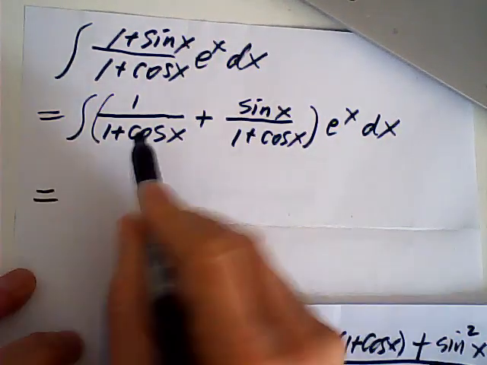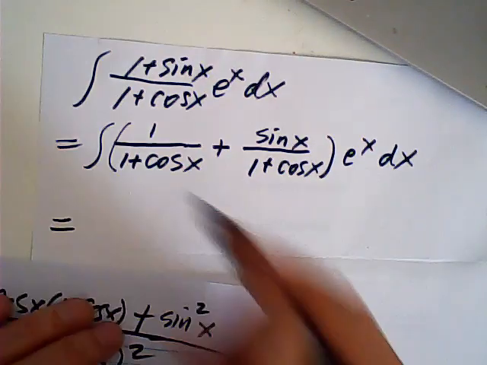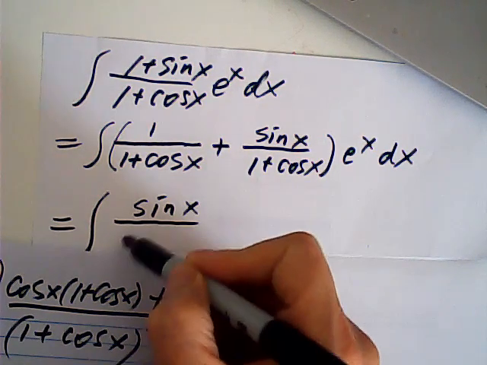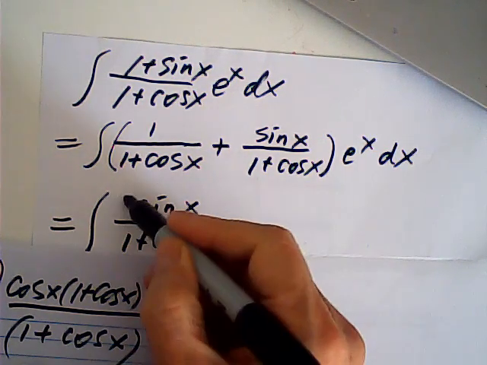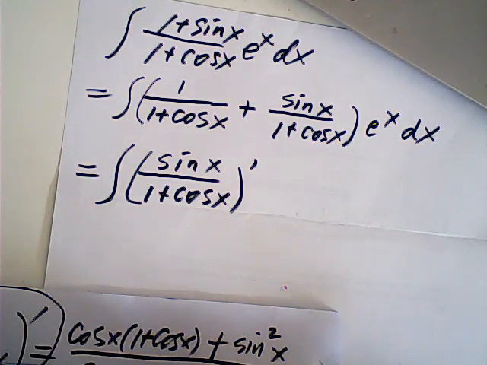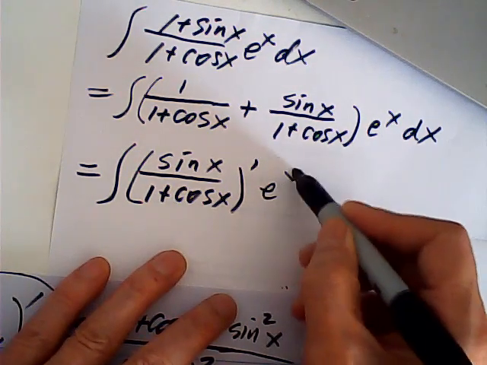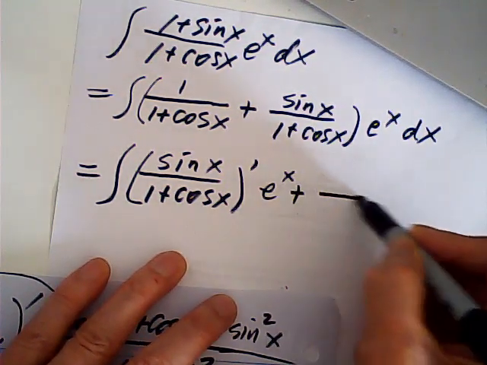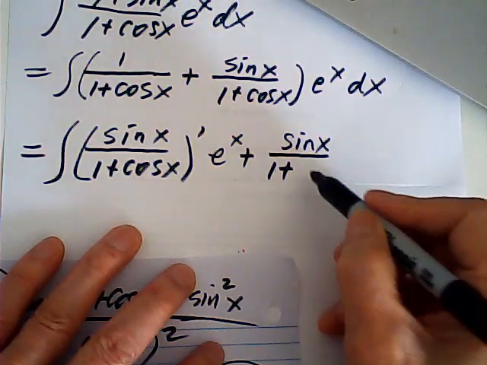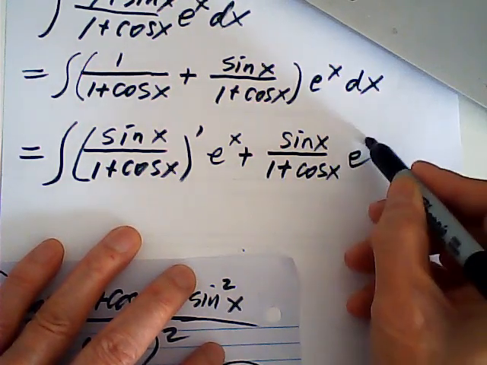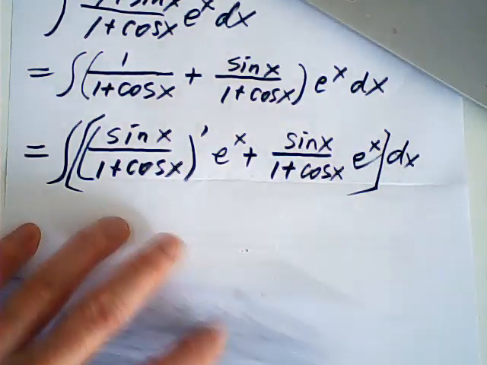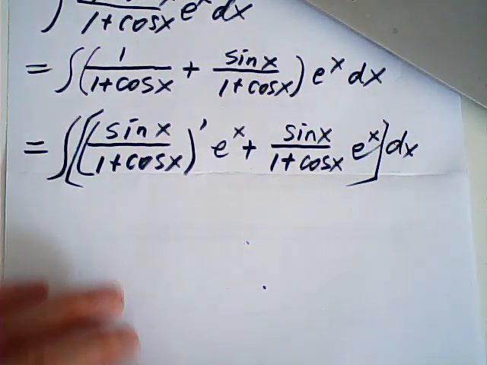Therefore, this is actually the derivative of sine x over 1 plus cosine x, multiplied by e to the x, plus sine x over 1 plus cosine x times e to the x dx.